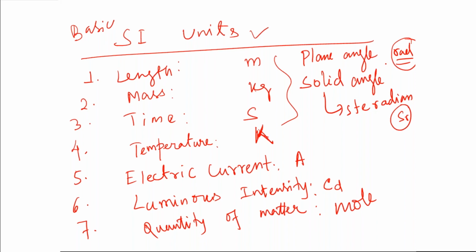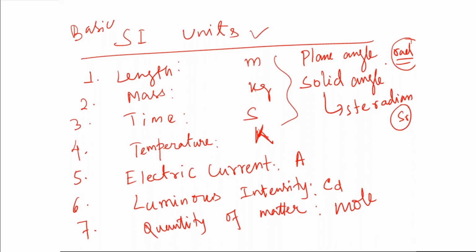CGS, MKS and SI units are metric or decimal systems of units. This is because the multiples and submultiples of their basic units are related to the particular units by powers of 10.